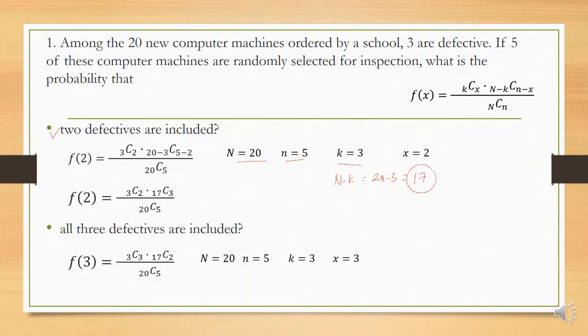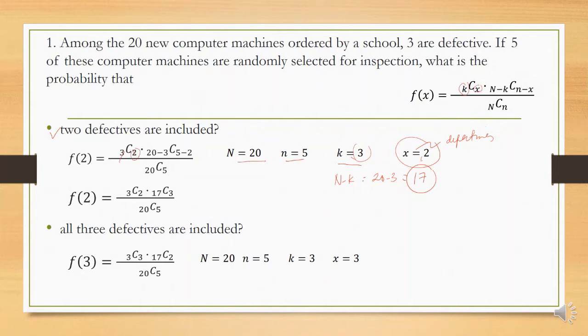Ito yung success natin. Ito yung failure. So, this x is 2. Ibig sabihin, 2 defectives are included. So, ang gagawin mo lang, i-substitute. Ano yung k? So, ang k ay 3, kaya 3 doon. Ang x doon ay 2.